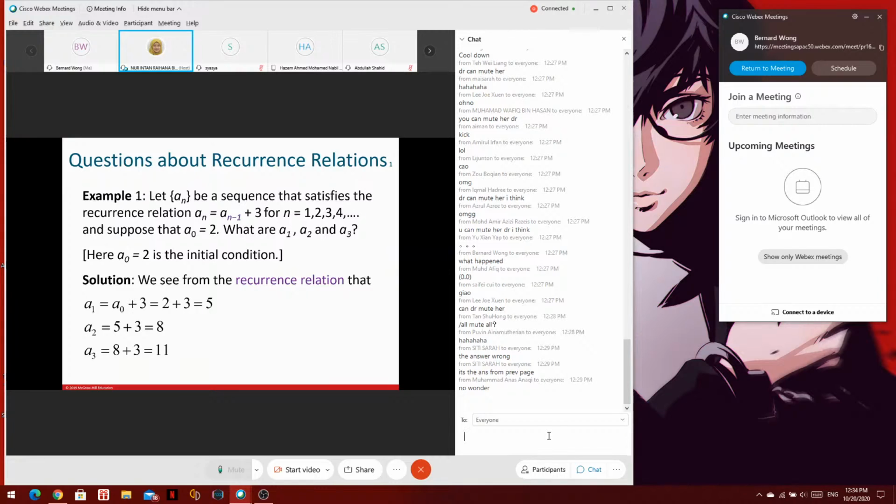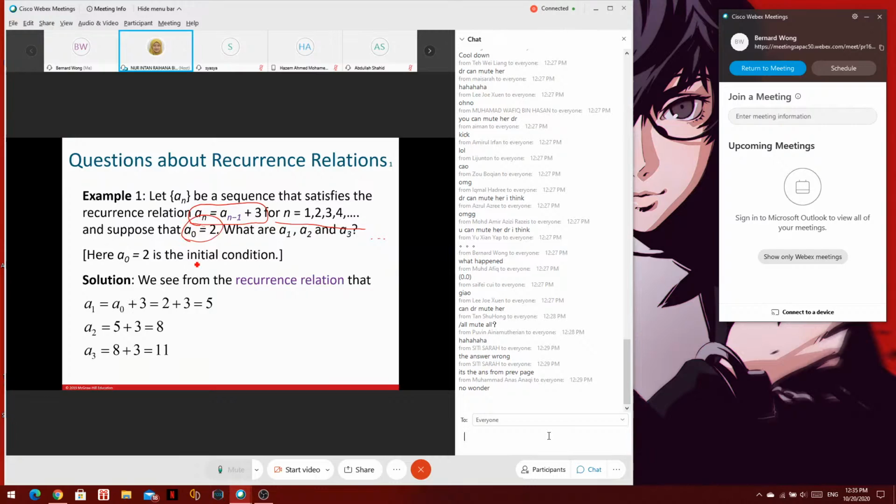Right. Let's look at the example. Example number 1. Let an be a sequence that satisfies the recurrence relation an equals an minus 1 plus 3 for n equal to 1, 2, 3, 4, 5, and so on. And suppose that a0 equals 2.